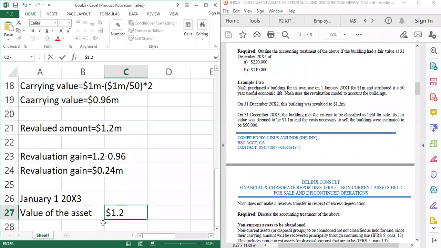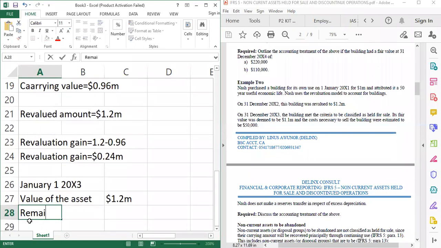What will be the remaining useful life? It will be 48 years. Okay.